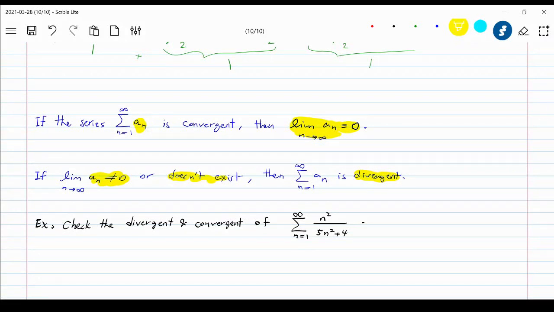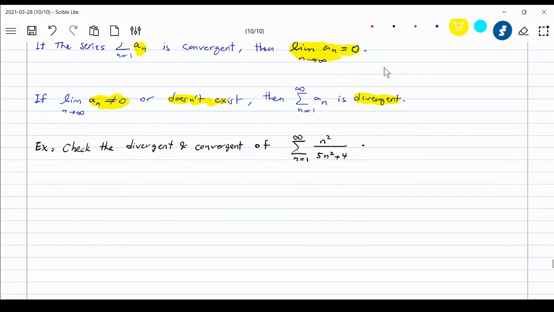Okay. Here, for example, check for the divergence of this series. So this is Sn. Sn is given as n squared divided by 5n squared plus 4. How do we check for the divergence of the series?